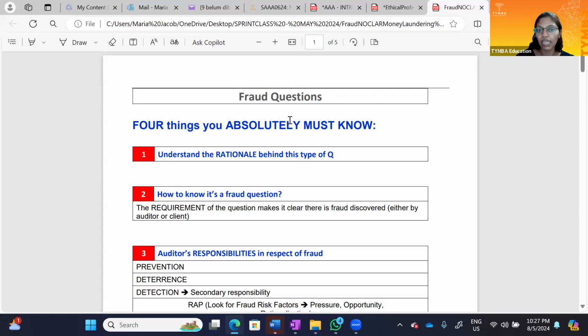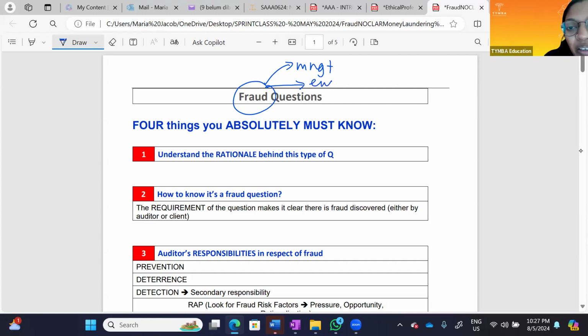Now let's see the rationale behind this type of question. When you talk about fraud, you already know it can be committed by the management, and can also be by the employees.